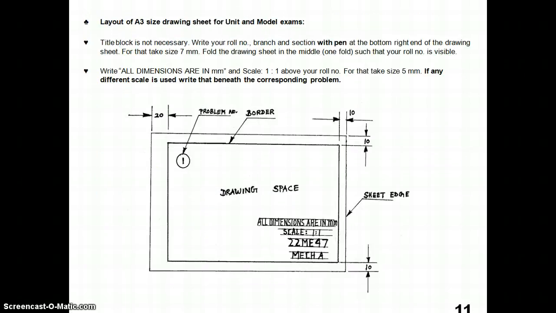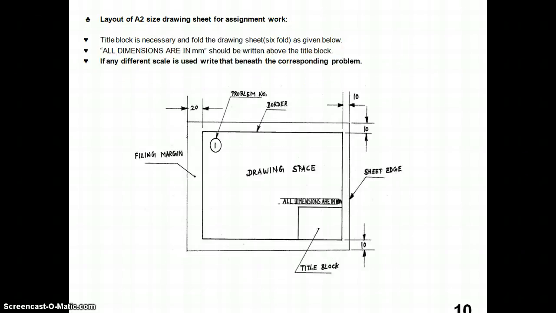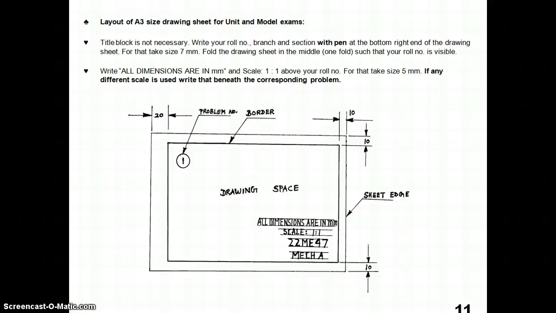The next one is the drawing sheet layout. It contains a title block, and it is also mentioned that all dimensions are in millimeters on the drawing sheet, or any specified unit. The A3 sheet is most preferred for academic purposes.